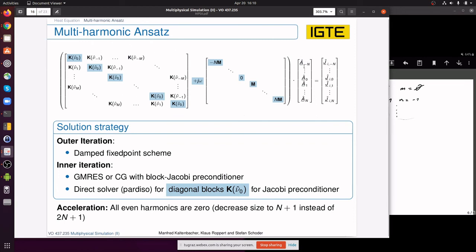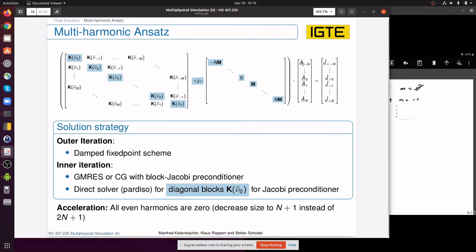If we don't perform any assumptions, the system consists of 2n plus 1 solution vectors. Every n as well as every k consists of all degrees of freedom of your whole computational domain. So that's the solution vector for all harmonics.